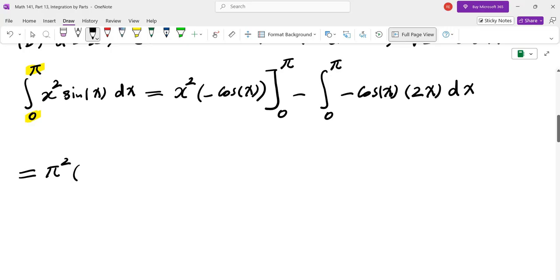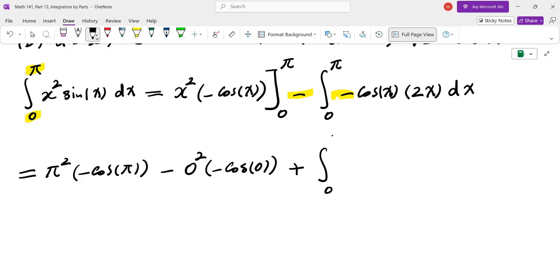We get pi squared times negative cosine of pi, minus, when we plug in 0, we get 0 squared times negative cosine of 0, which is just 0. And then we have a negative sign here. We also have a negative sign here, so that becomes positive: positive integral from 0 to pi of cosine of x times 2x dx. I can take this 2 out to make things a little bit simpler, and then we can go ahead and evaluate this integral.